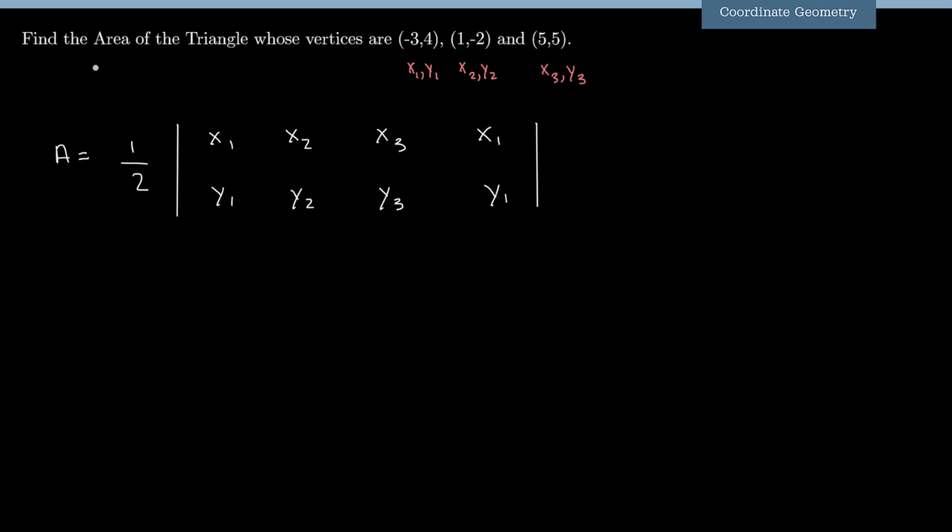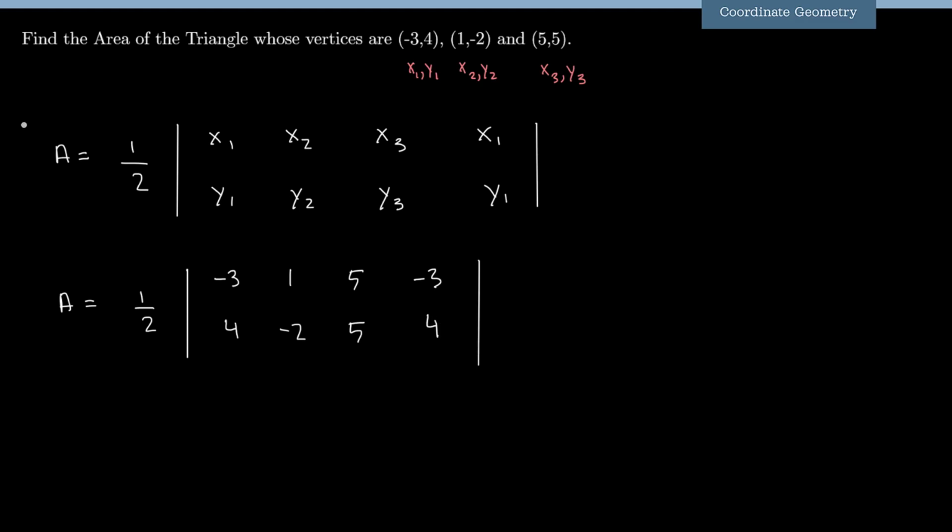For the next step, I'm going to substitute these values inside this formula. So the area would be equal to 1 upon 2 times modulus. x1 is -3 and y1 is 4. x2 is 1 and y2 is -2. x3 is 5 and y3 is 5. And then x1, y1: x1 is -3 and y1 is 4.